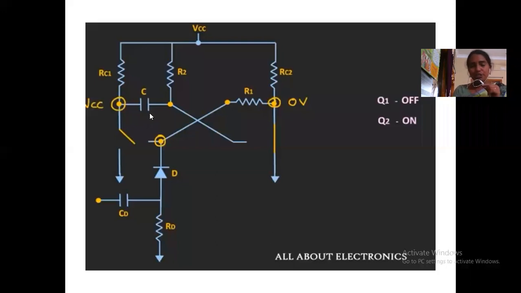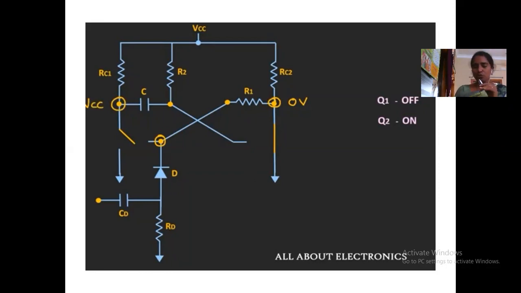When the capacitor is charging, the voltage across the capacitor is not applied to the transistor because Q1 is in open circuit, right?